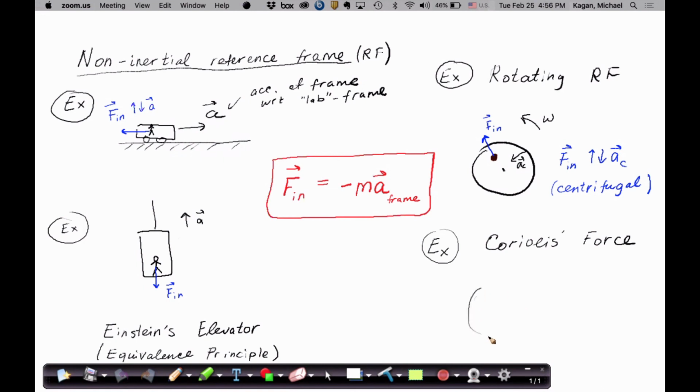Let me first explain it on a disk. It only starts acting if a ball is rolling radially, away or toward the center. So if there is a velocity to it, okay? If the ball is stationary, the Coriolis force is 0.